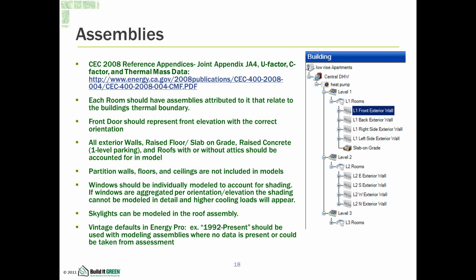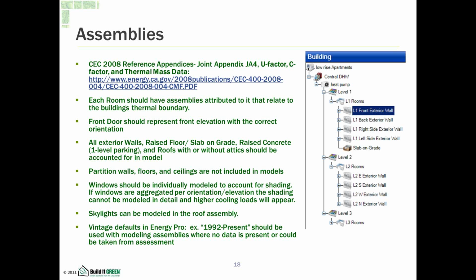Energy Pro is the same, but it doesn't use the heat loss calculations that were typically taught in our classes. Energy Pro uses what's called the Joint Appendix JA4, the U-factor, C-factor, and thermal mass data. And here's the link for it in the slide.